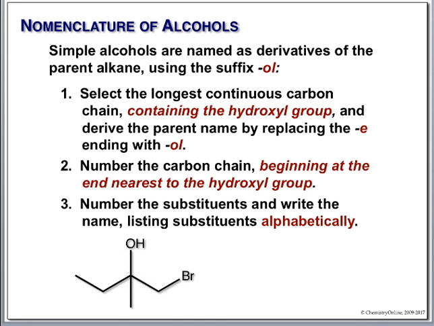Go ahead and quickly jot down on the back of your hand or something a name that you would give to this guy. Remember, you want the longest chain containing the alcohol. You want to give the alcohol the lowest number, and then list substituents alphabetically.